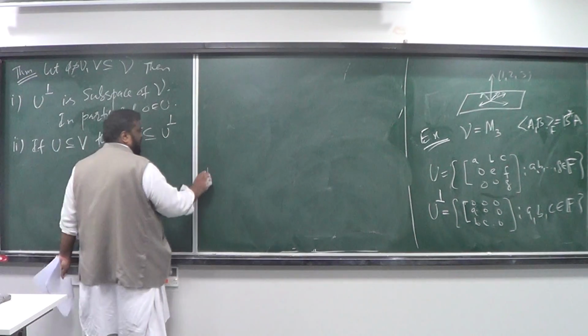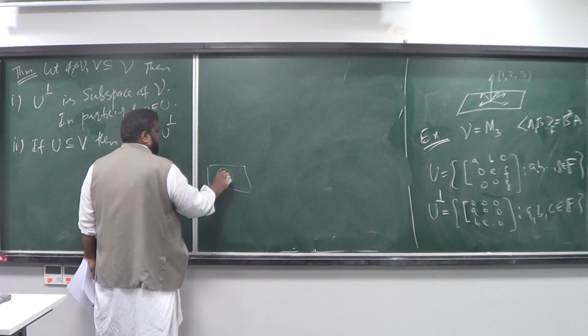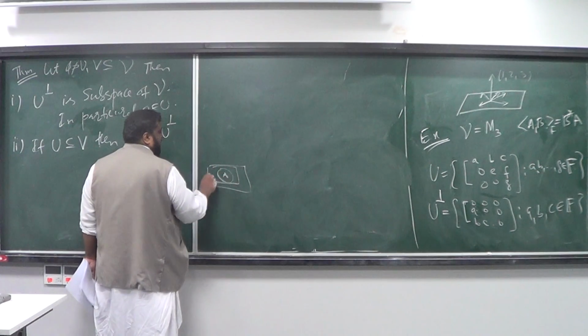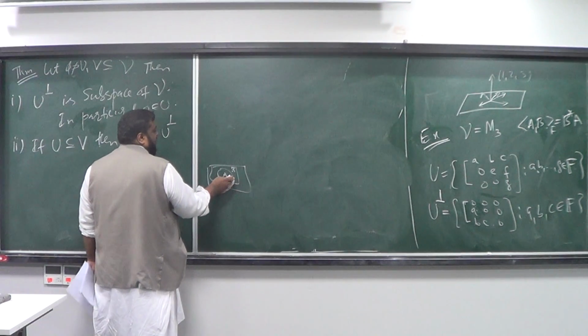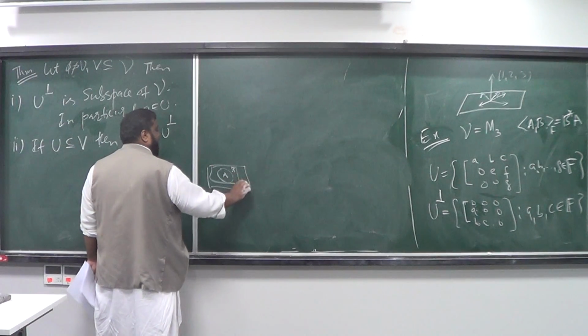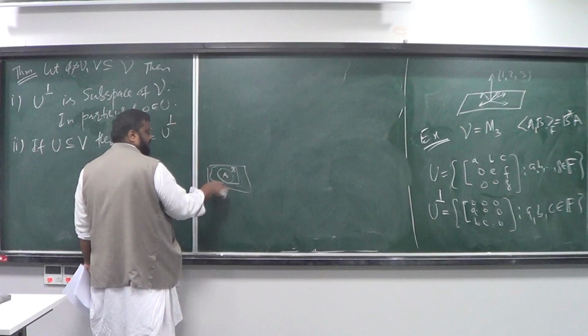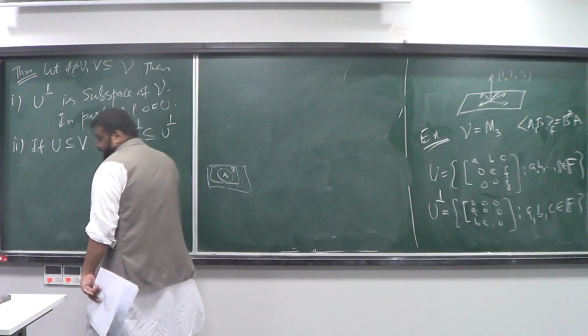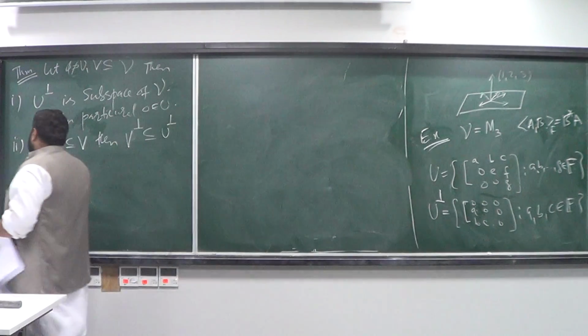For example, if you talk about sets, say this is set A and this is set B, and A is a subset of B. If you compute the complement of B, it would be a smaller set, but if you compute the complement of A, that would be a bigger set actually. So intuitively, you have this result.